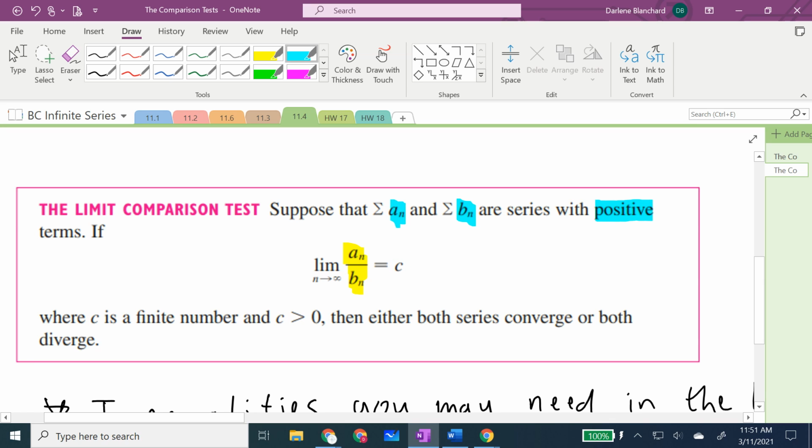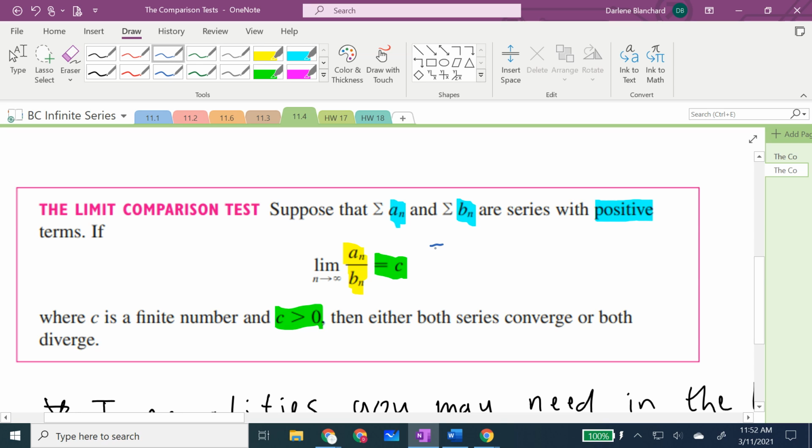If you look at their ratio, the ratio of just the terms themselves, as you head to infinity, what is actually mattering? Because they don't explain in this what matters. They just say if you get an answer to the limit and it's positive, then both series converge or both series diverge. But let me explain what actually matters.